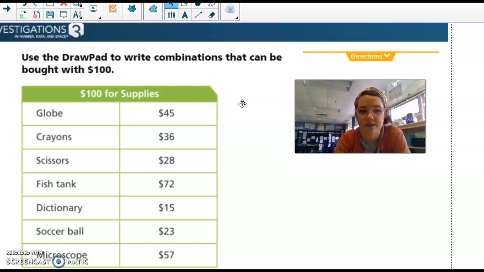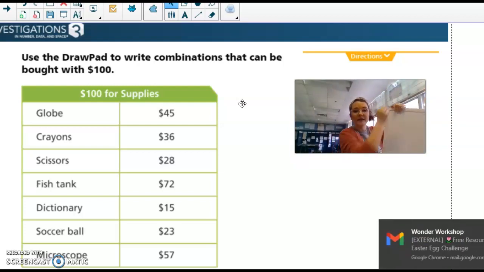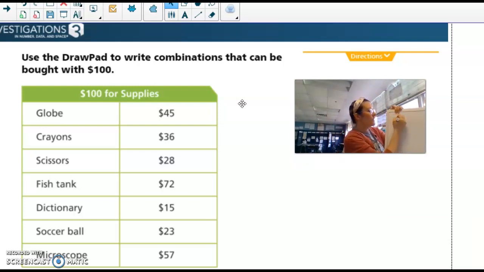There's lots of things on this list that I want. Okay. If you need more time, just pause the video. And I'm thinking, I know without going over $100, I could buy a globe for $45, okay? And I could buy crayons for $36, okay?